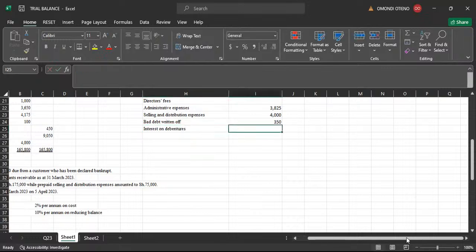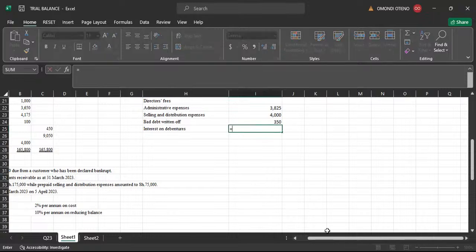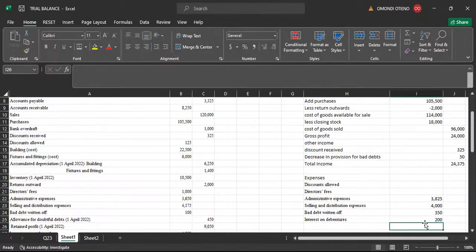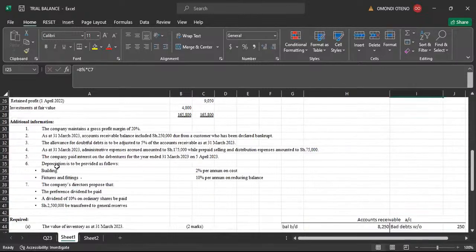So one, it will be an expense and then taken to current liabilities as an accrued expense. So for debentures here, we are told that the interest rate is 8% of the debentures value, which is 2,500. So that entire interest is accrued. So this one will also be a liability.